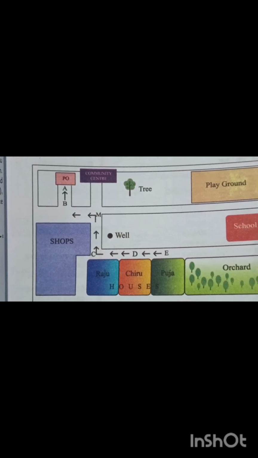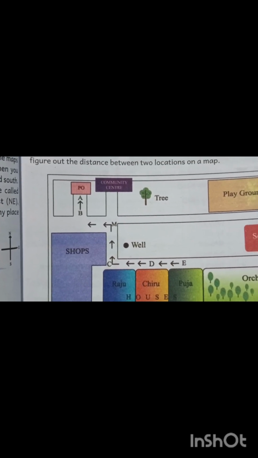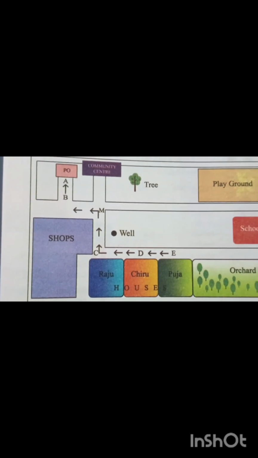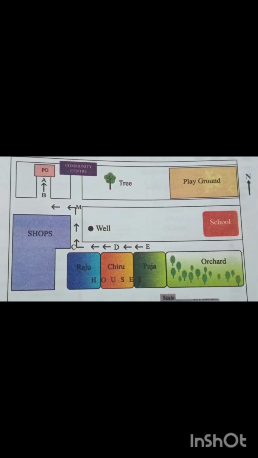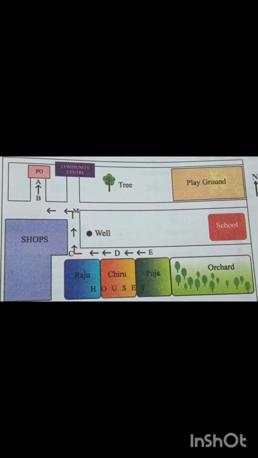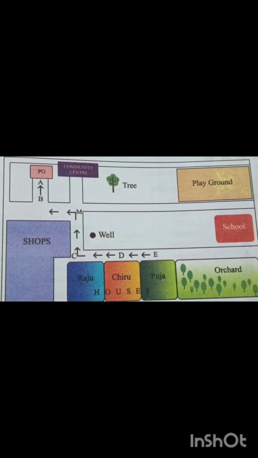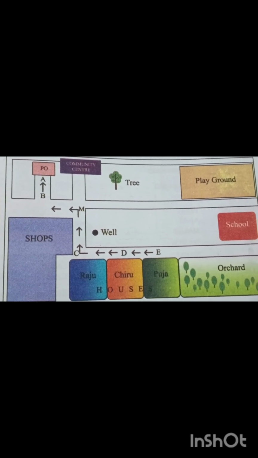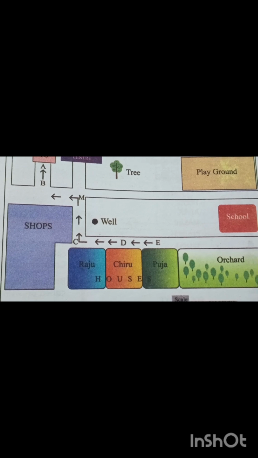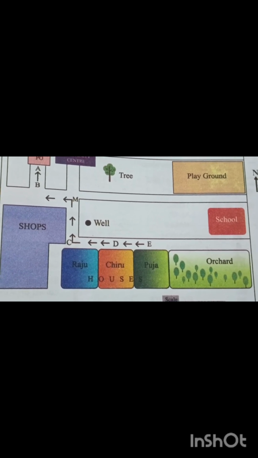Here, if we observe a map of a village, PO, post office, tree symbolized with the green color, and community center, playground, shops, well, school, Raju's house, Chiru's house, Pooja's house, arcade.